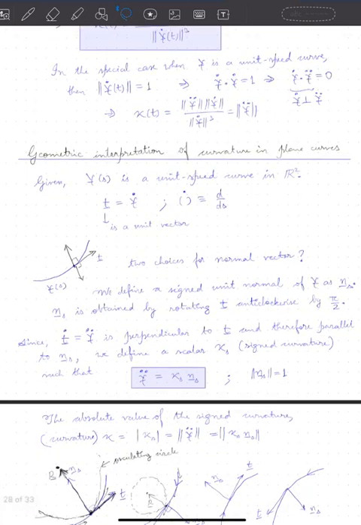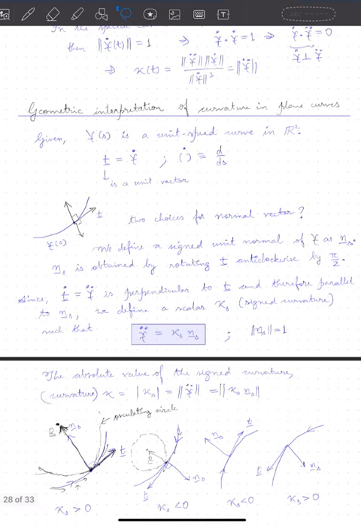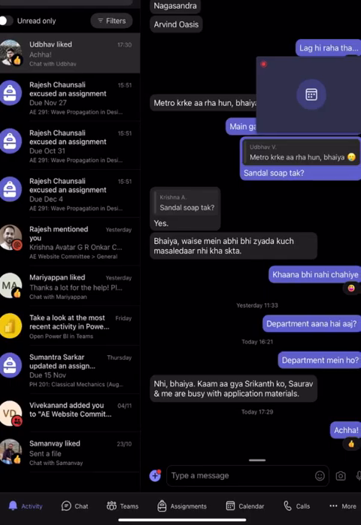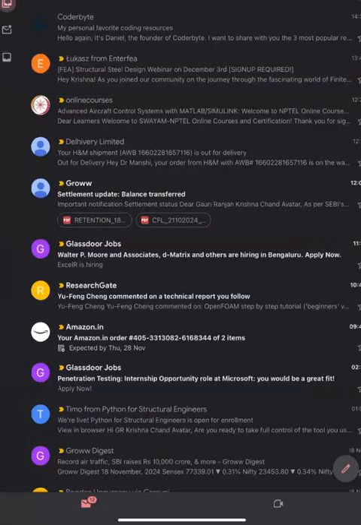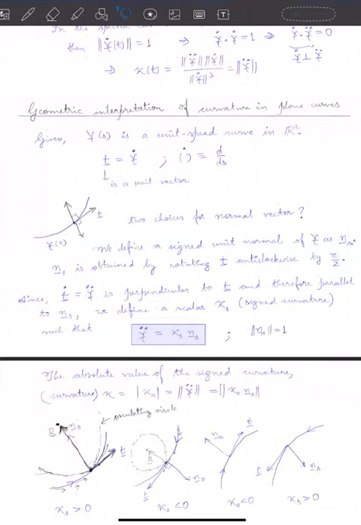Then we talked about the geometric interpretation of curvature in plane curves, right? So given that gamma of s is a unit speed curve in R2, we see that at any point gamma of s, the tangent vector is of course the t vector, but there are two choices for the normal, right?